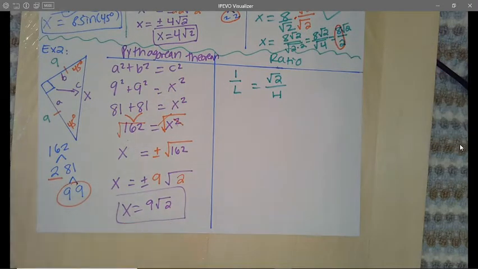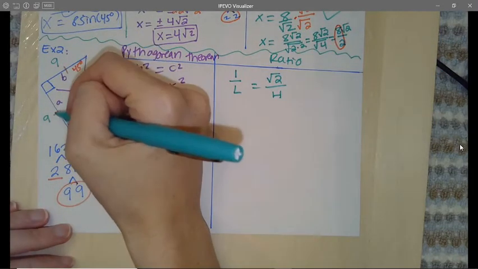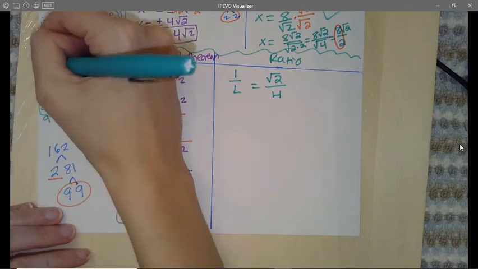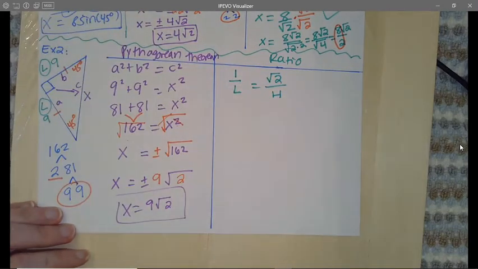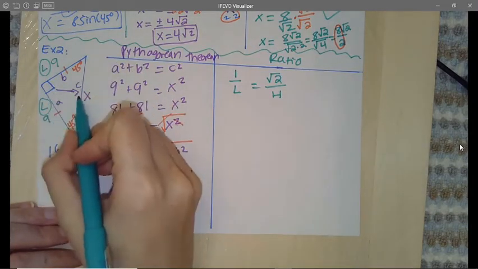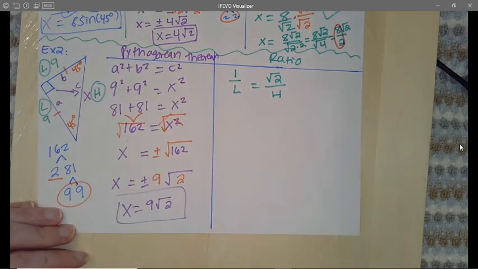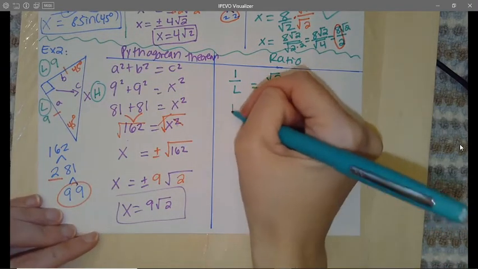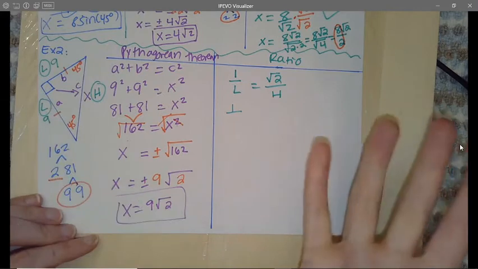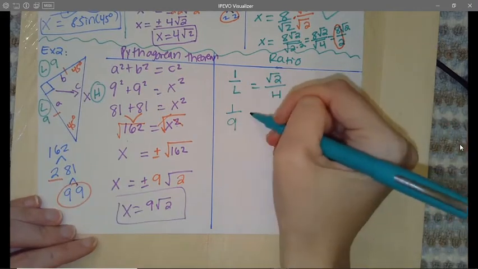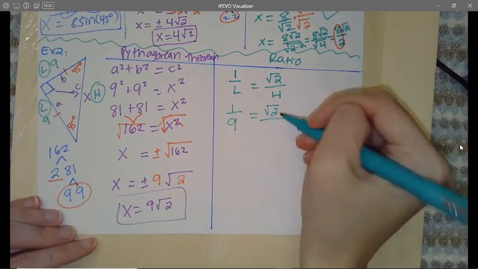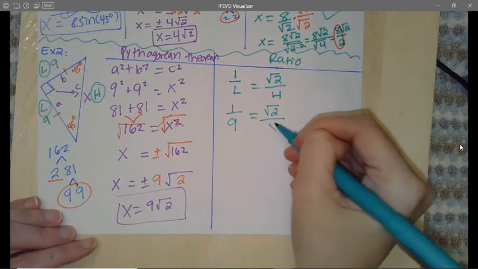The legs are the two sides of the right angle, and in a 45, 45, 90 triangle, they're always the same. The hypotenuse is the side directly across from my 90-degree angle. Let's set this up. So 1 over the leg, well, both legs are 9, so it doesn't matter which one I pick, equals root 2 over the hypotenuse, which is x.